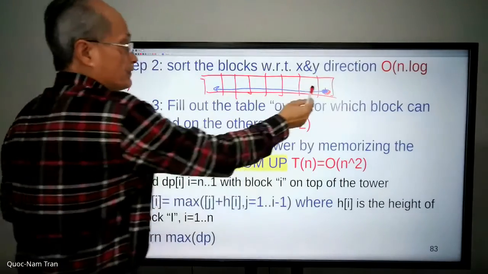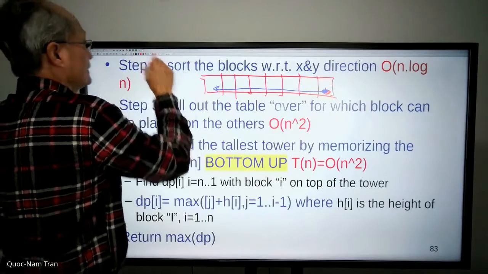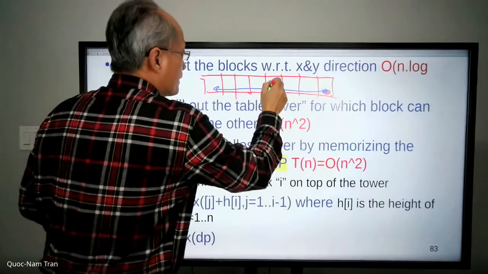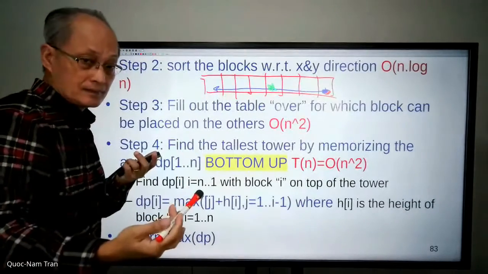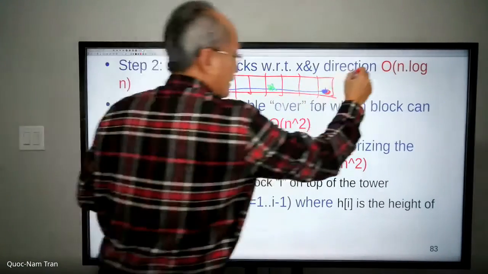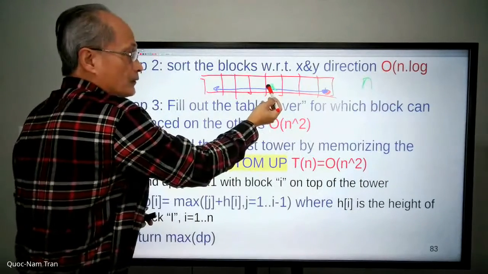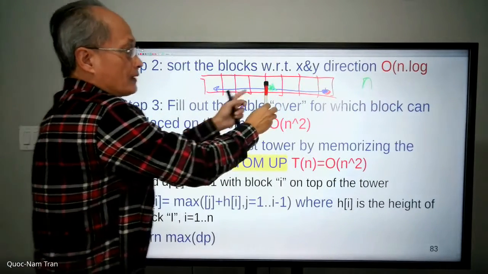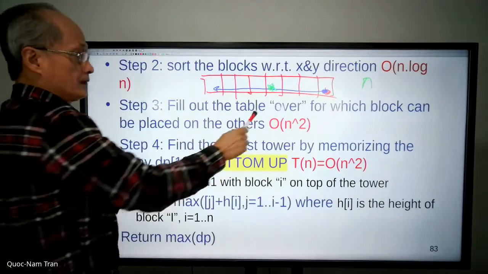So for each of the values here, for example, when we are at this place, we have to go through n cells, right? For each of the cells, what we have to do is look up the table over.